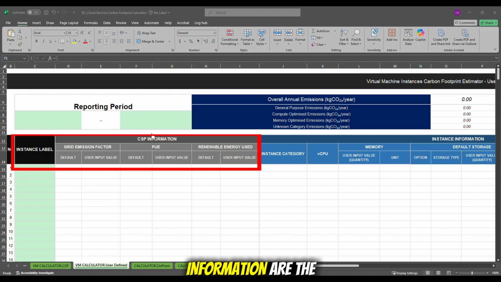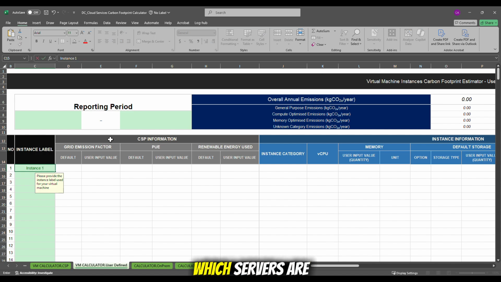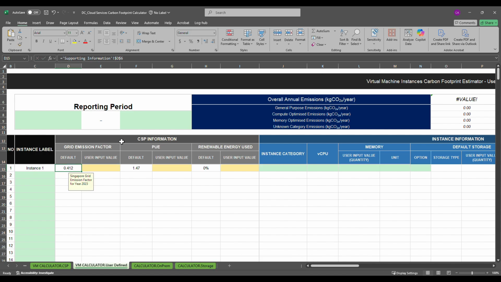Under the CSP information are the instance label, the grid emission factor (GEF), the power usage effectiveness (PUE), and the renewable energy used (REU). The first input is the instance label. This is just an identifier for your server to assign and point which servers are on which rows. After this is the grid emission factor.